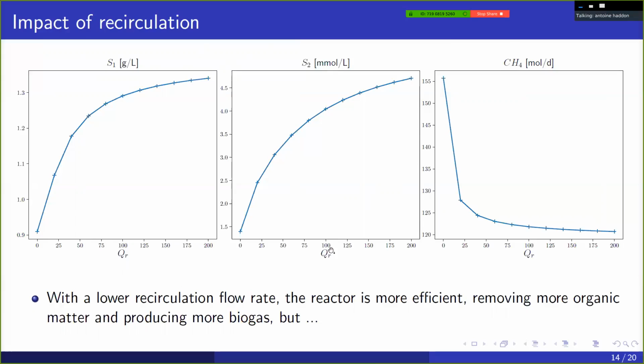So the standard conditions normally for the experimental validation, for instance, are 150 liters per hour. And here we can see clearly that with a lower recirculation rate, the reactor is more efficient, we have less substrates coming out, and we have higher biogas production.